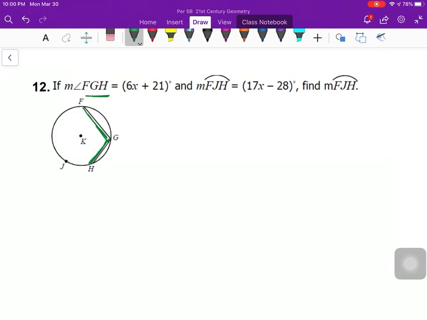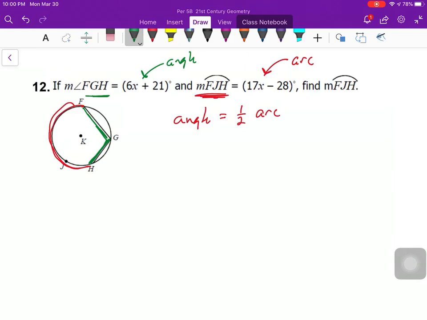Okay, so they gave us angle FGH. FGH is this one right here. And then they gave us arc FJH. So this is the arc. Now let's keep in mind the angle is equal to half the arc.